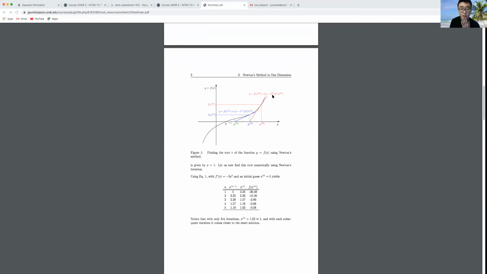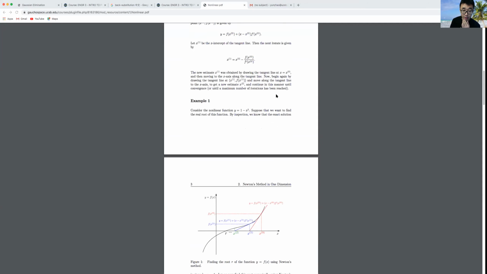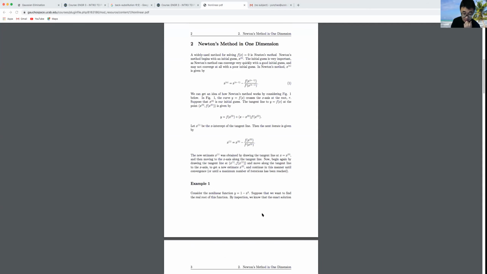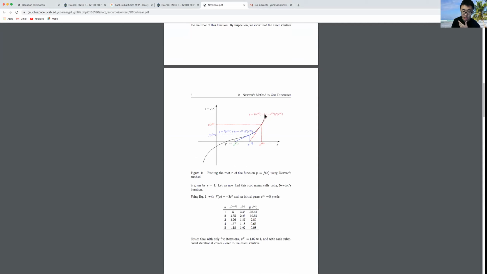Okay, so after we somehow get an initialization, let's say this is a good one, we draw the tangent line at this point, right? So this is a tangent line for this function. This is easy, right? If you get the derivative, then you can directly get this function.